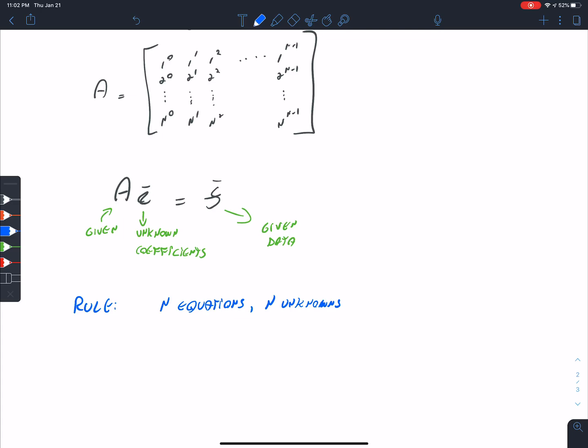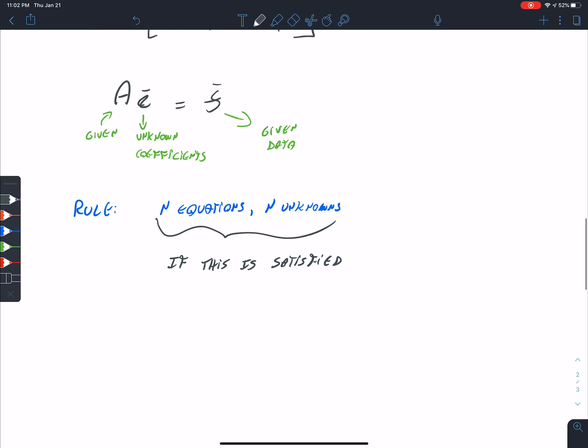If we have this rule, then the linear system will have a unique solution.